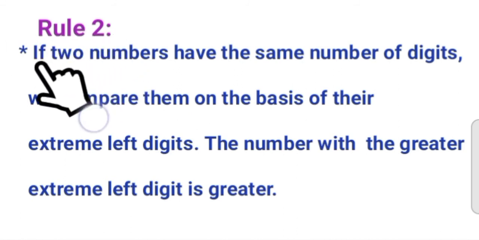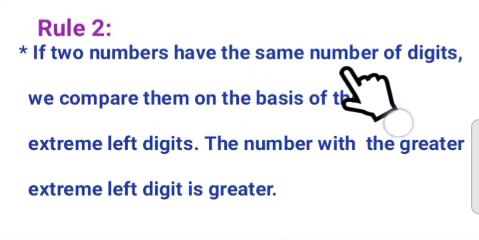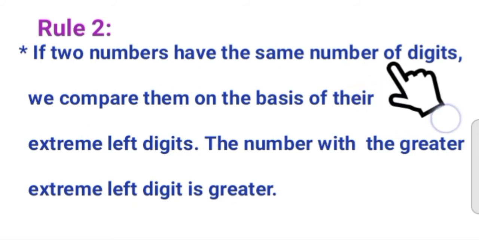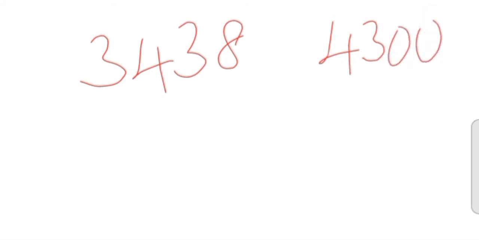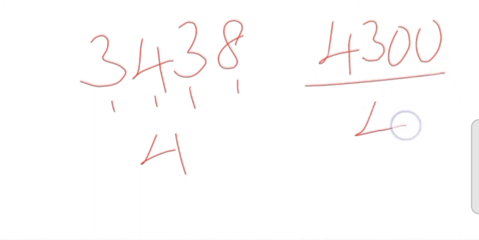Second rule: if two numbers have the same number of digits. According to the first rule, we have to count the number of digits. So if you want to compare these two numbers, you have to compare the number of digits. 1, 2, 3, 4. So this is a 4-digit number. This is also a 4-digit number.